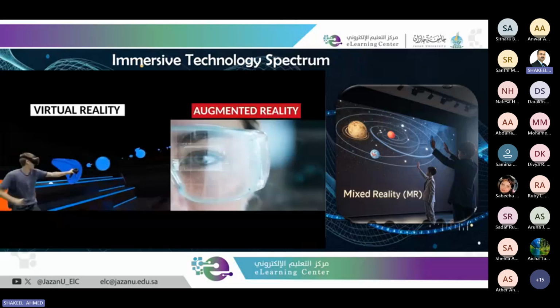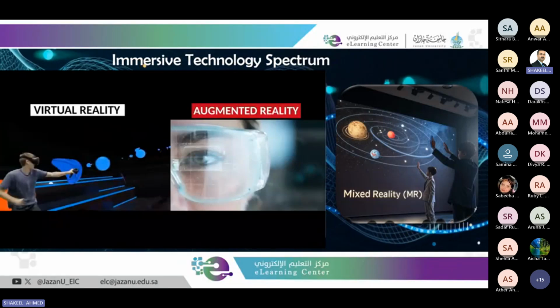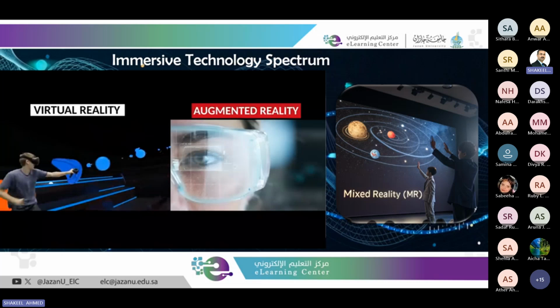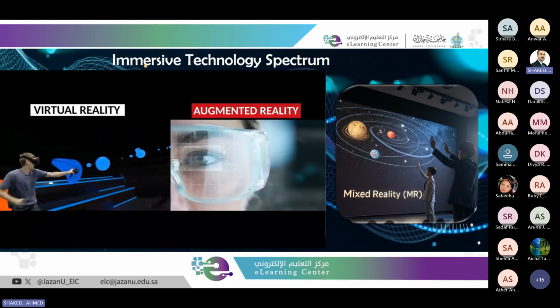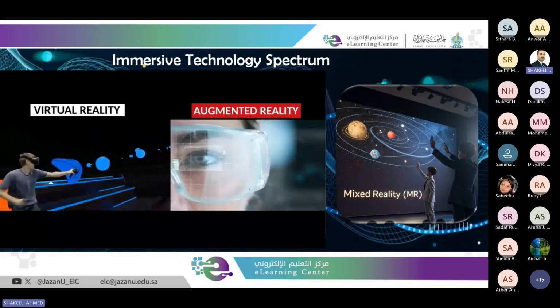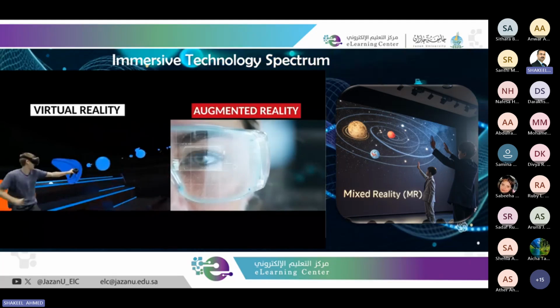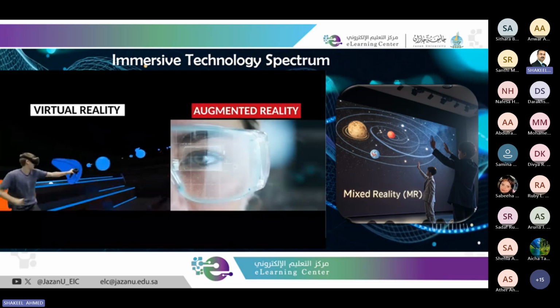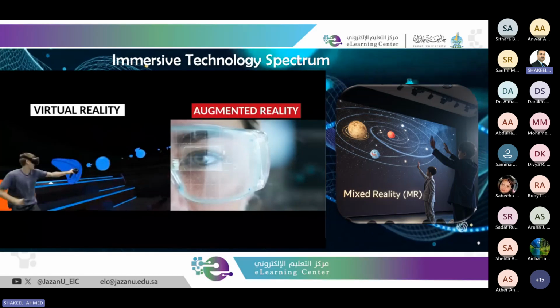So in simple words, in this spectrum we can have a different feeling. We can have the real environment, where we know that we are in the real environment. Besides that, we also have the virtual environment. Thank you very much, everyone, for participating in this quiz.